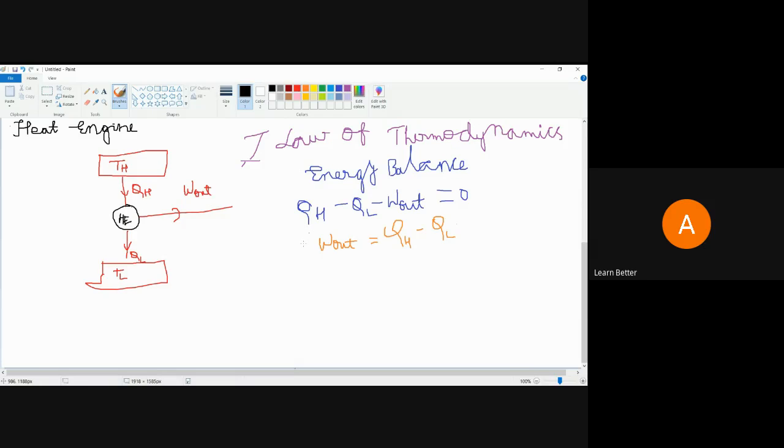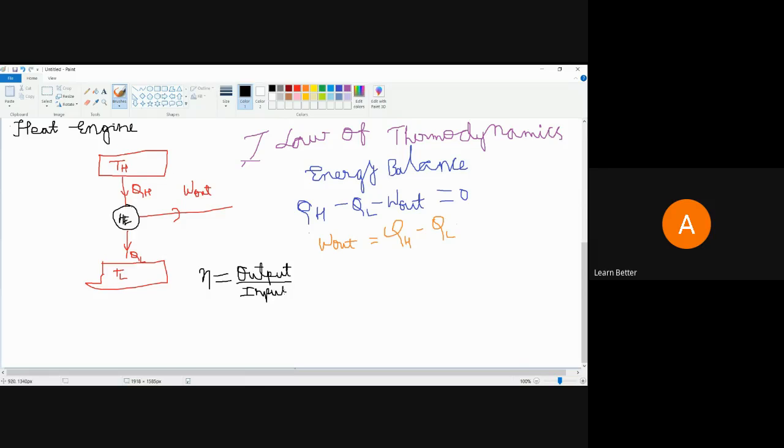Now let us speak about the actual thing, that is efficiency. The performance of this heat engine is measured by efficiency. What do we mean by efficiency? Efficiency is nothing but output divided by input. In this engine, what is the output?